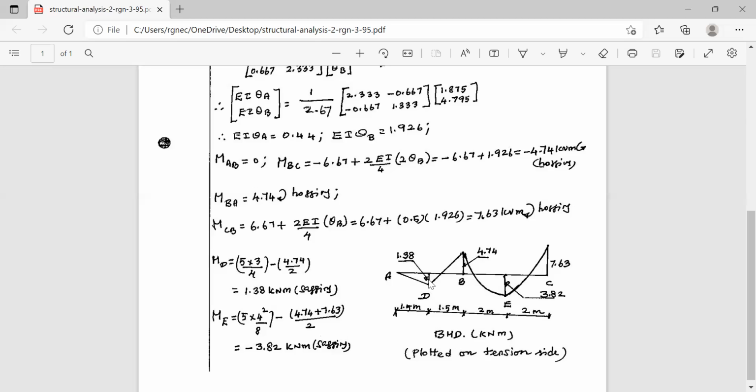So by seeing this bending moment diagram, people can visualize, yes, at D, the tension is at bottom. At B, the middle support, the tension is at top. At E, again, the midspan of BC, the tension is at bottom. We are able to visualize whether the tension is at bottom or top. And that is the reason for plotting the bending moment diagram on tension side.